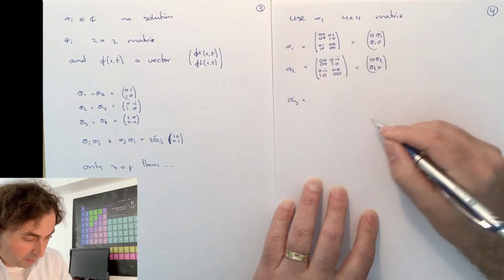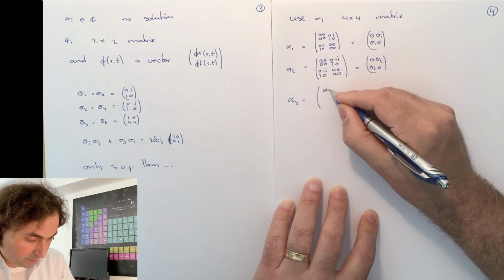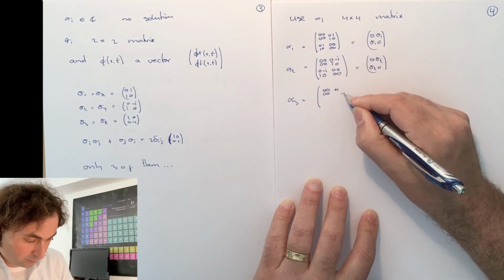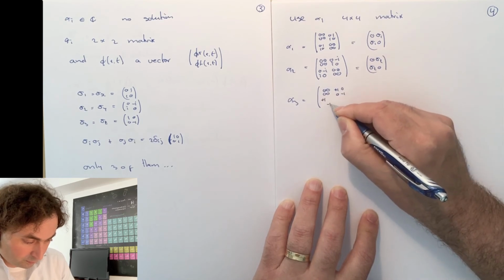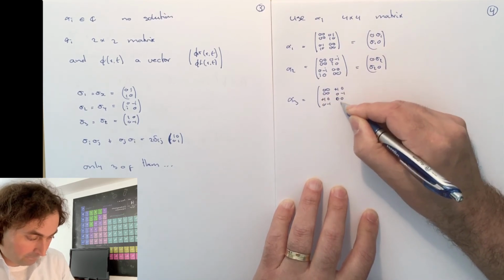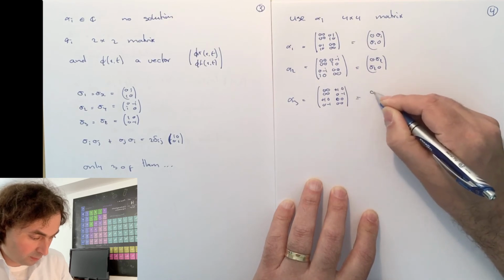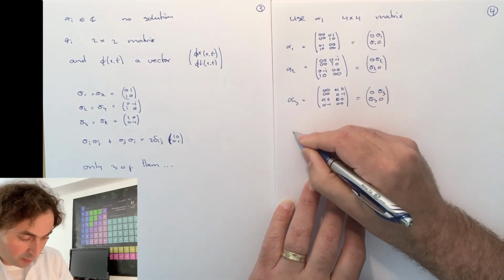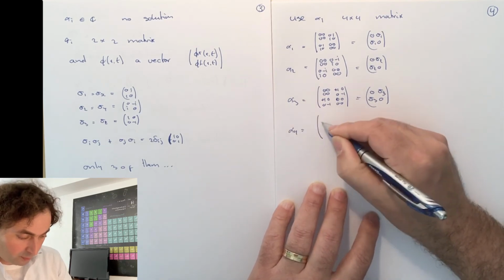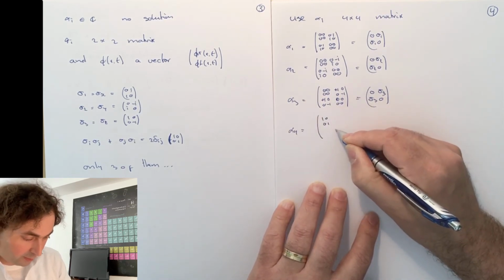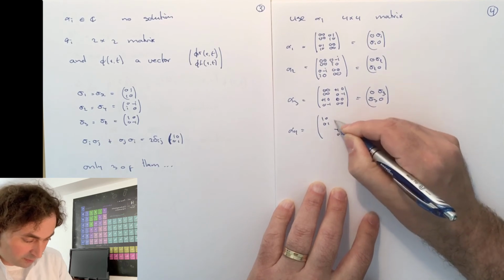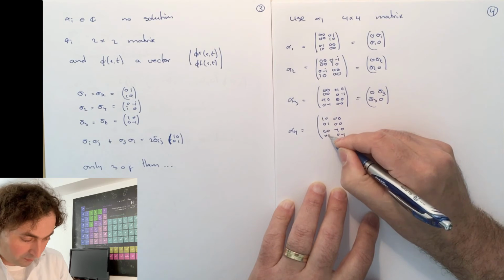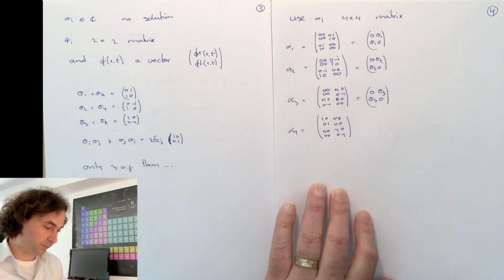And alpha 3, we're going to use sigma 3 for that. In alpha 4, we can now pick a diagonal matrix with +1 in the first block and -1 in the second block.